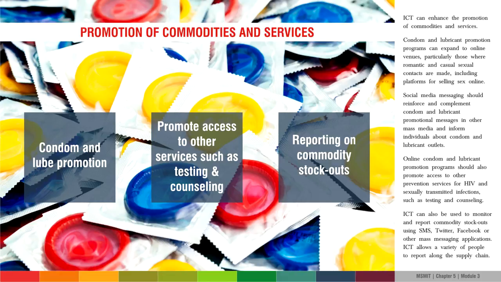Online condom and lubricant promotion programs should also promote access to other prevention services for HIV and sexually transmitted infections, such as testing and counselling. ICT can also be used to monitor and report commodity stockouts using SMS, Twitter, Facebook, or other mass messaging applications. ICT allows a variety of people to report along the supply chain.